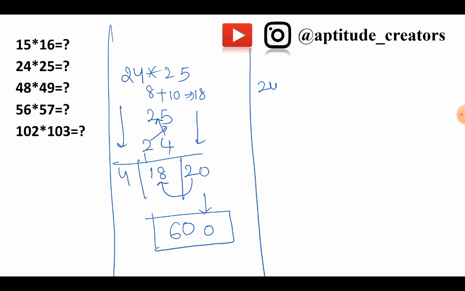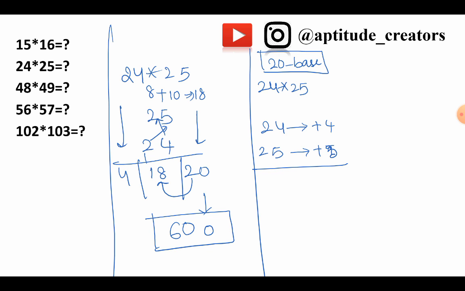Now what about method number 2? That is 24 into 25. Now I am considering the base value as 20. Now 24, how much is more? Plus 4 is more. 25, how much is more? Sorry, plus 5 is more. Now 5 into 4 will give the result as 20. 25 plus 4 will give the result as 29.